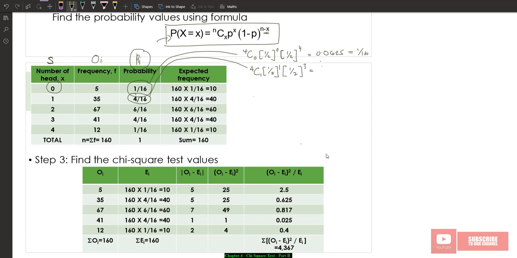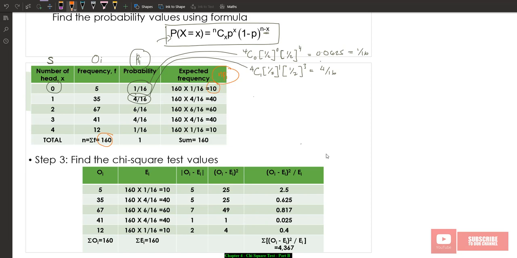So you will get 4 over 16, and so on. The expected frequency is n multiplied with the probability of success. So the expected frequency is 160 multiplied with the probability value 1 over 16, and you will get 10.